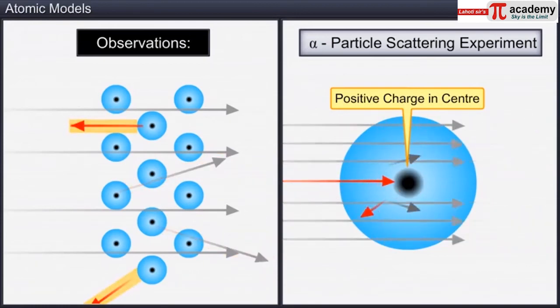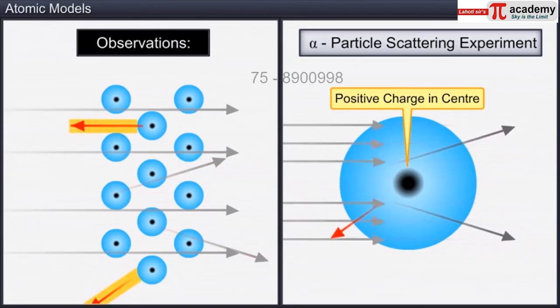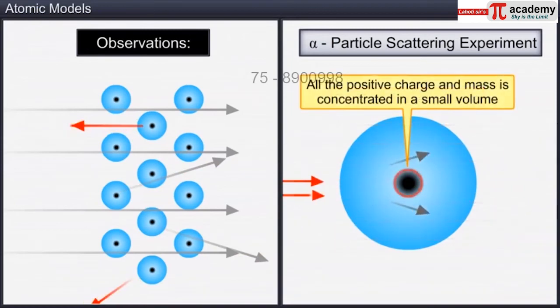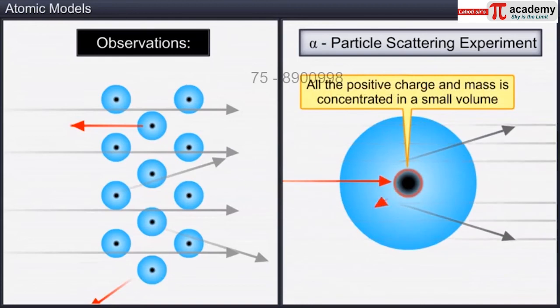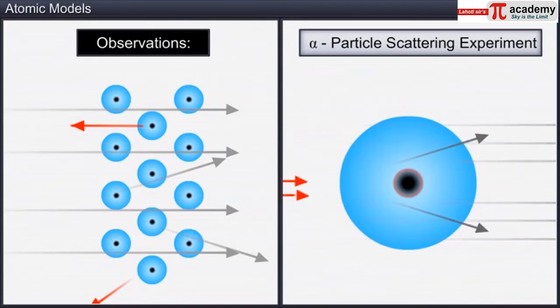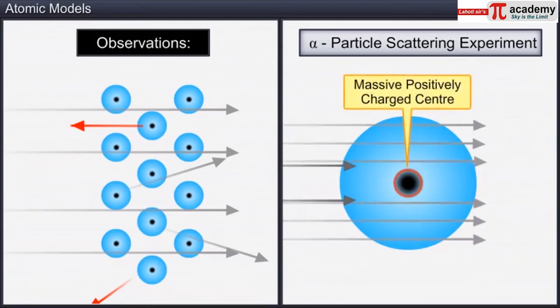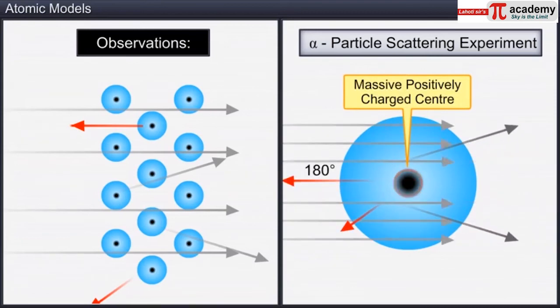The alpha particles that are deflected by larger angles and by 180 degrees indicated that the atom has a dense, positive charge with entire mass concentrated at the center. As the alpha particles approach much nearer to the massive positively charged center, they get deflected by larger angles, and as they directly hit the massive positively charged center, they get deflected nearly by 180 degrees.